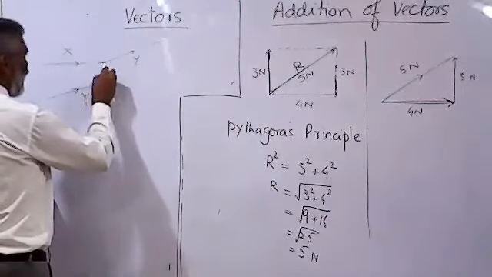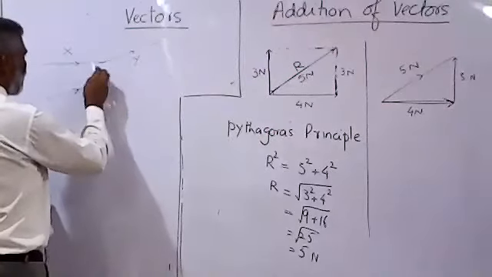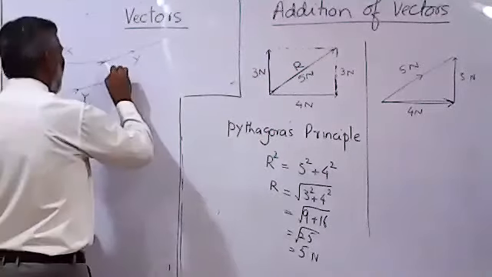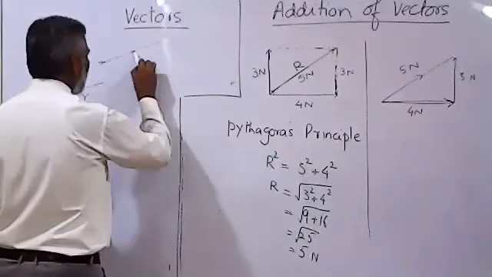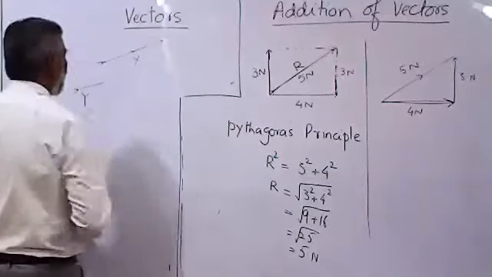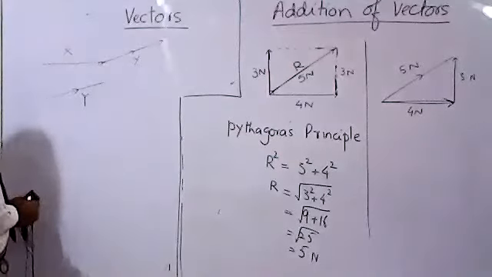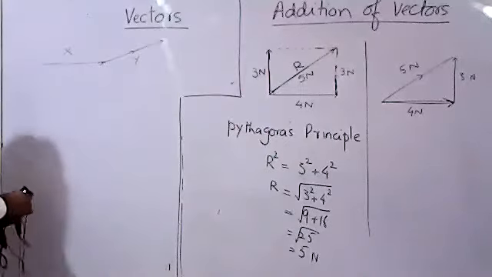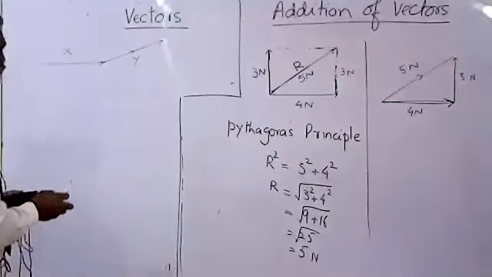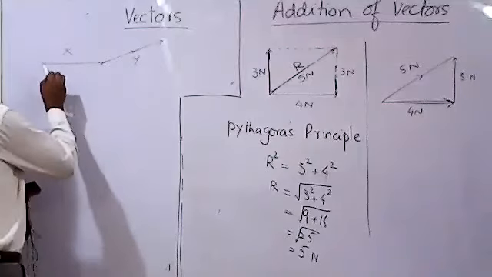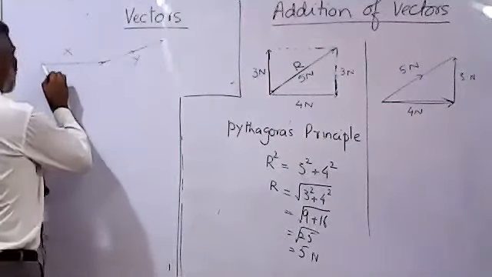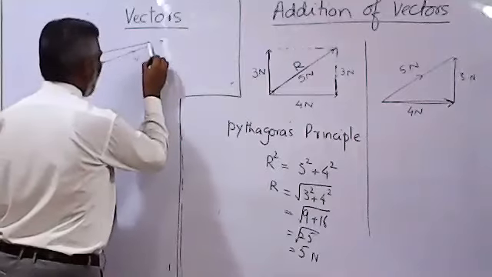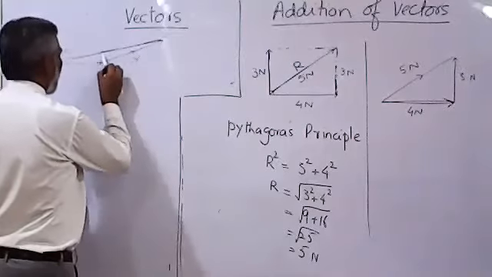So the head of this vector x, if I make it here, it is joined to the tail of this vector y. The resultant, from the principle that I term as head to tail rule, is obtained by joining these two.